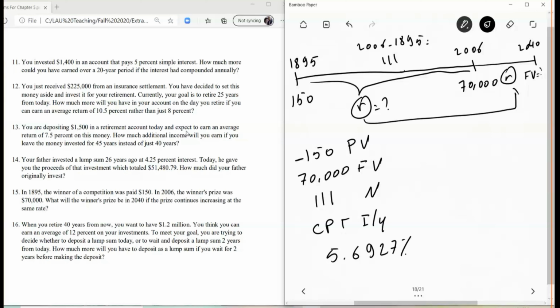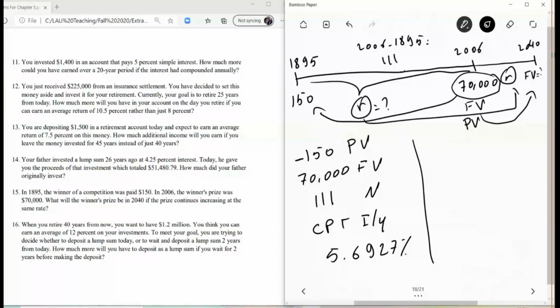In the second step, that same $70,000 is considered a future value for the 150. However, for the year 2040, this is considered a present value because the $70,000 in year 2006 is at an earlier time relative to the value in year 2040.